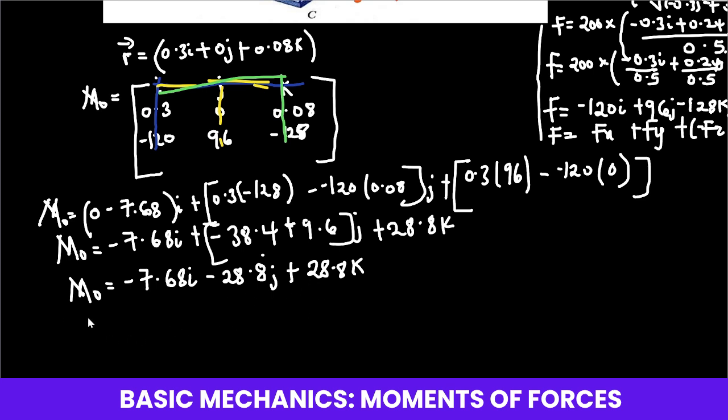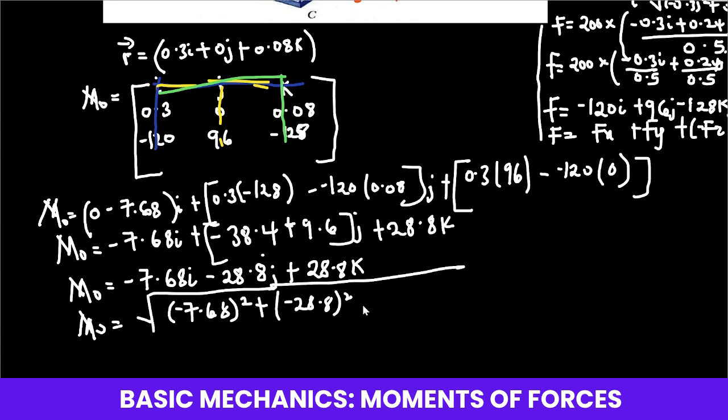If you want to find the magnitude of the moment, you just find the square root of them, right? So negative 7.68 all squared plus the minus 28.8 all squared. Make sure you bring this, then plus 28.8 all squared.